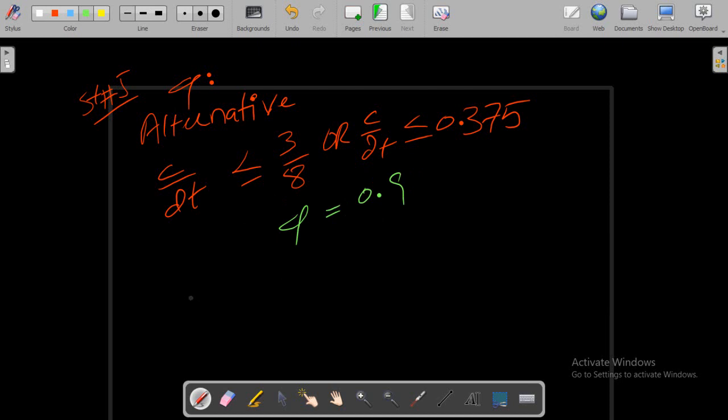If c by dt is greater than or equal to 0.6, then we can say that the phi value is 0.65.